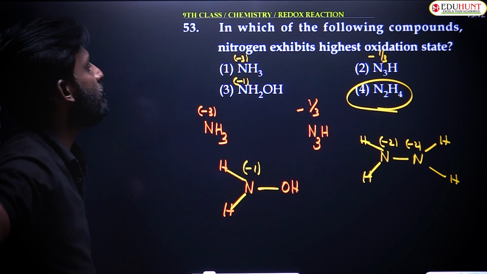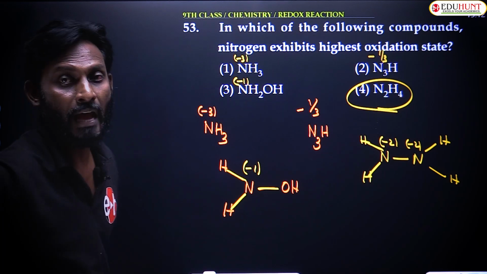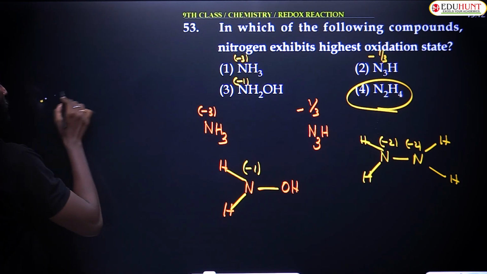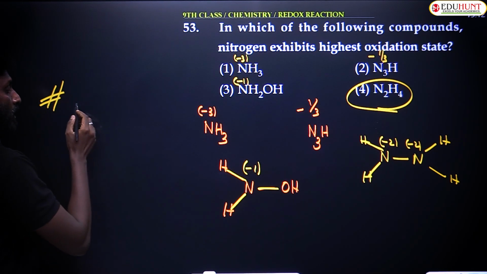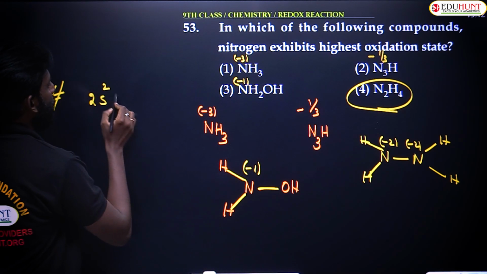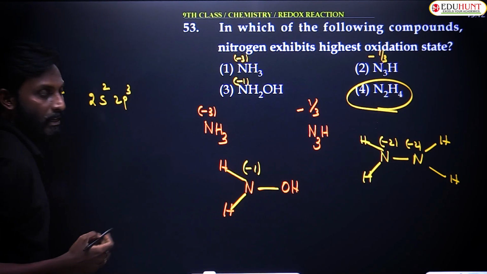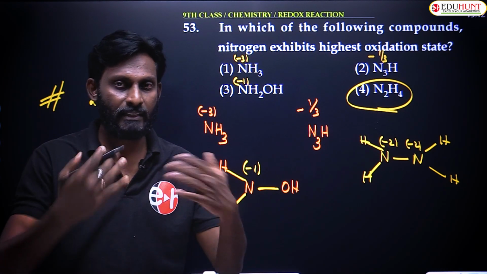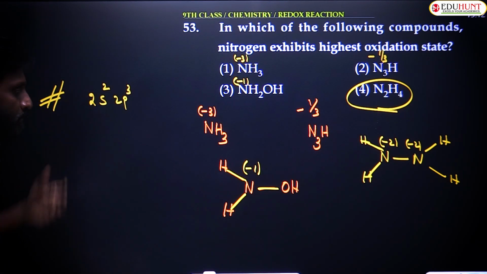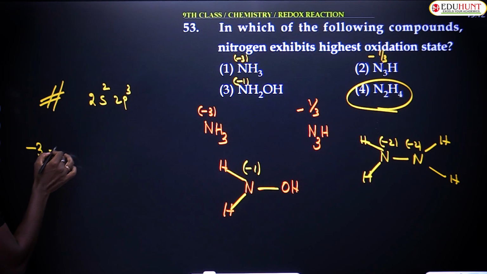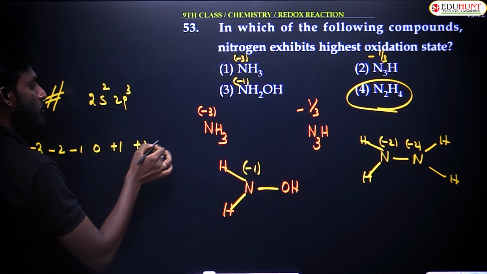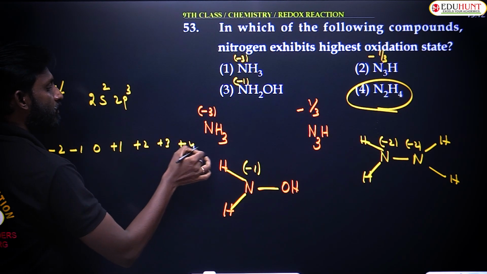So in which of the following compounds nitrogen exhibits highest oxidation number? Simply we can answer this: the valence shell configuration of nitrogen is 2s2, 2p3. If the nitrogen is gaining electrons, how many can it gain? 3. So the range is -3, -2, -1, 0, +1, +2, +3, +4, +5.